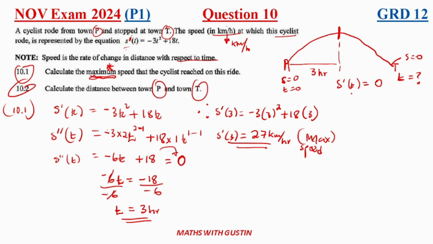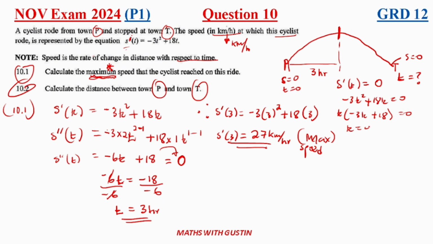So we're going to come here and say, okay, negative 3t squared plus 18t is equal to 0. So we're going to remove a common factor of t, in this case minus 3t plus, what is it going to be, 9? Oh, sorry, excuse me. It's going to be plus 18, close bracket, equals 0.